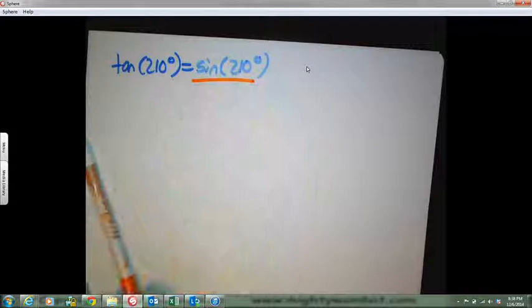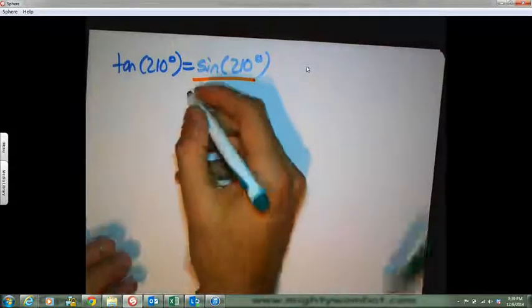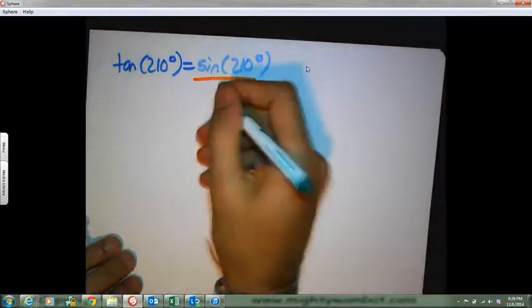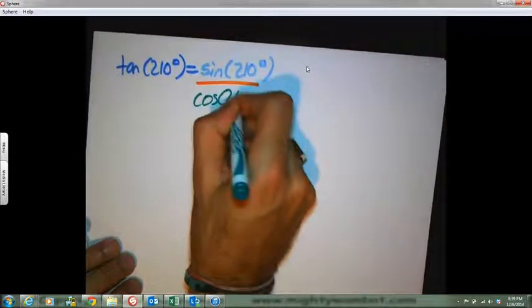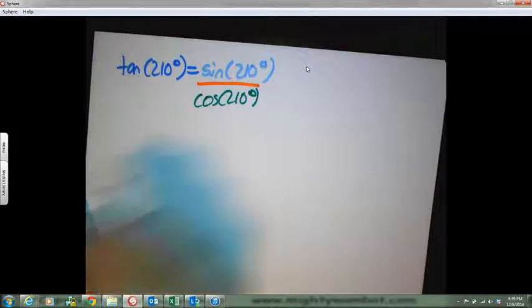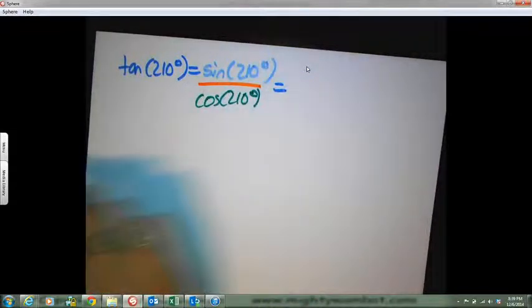What does that equal? Well, sine of 210, that's in quadrant 3, so it must be a negative value. Sine of 210 degrees, sine of 180 plus 30, is going to be negative 1/2. Divided by cosine of 210 is negative root 3 over 2.